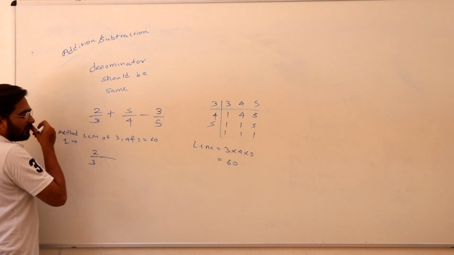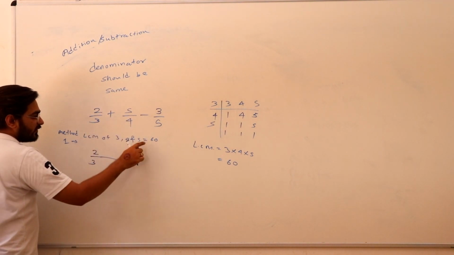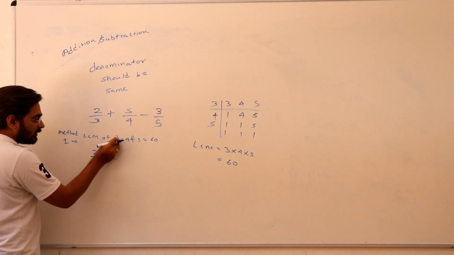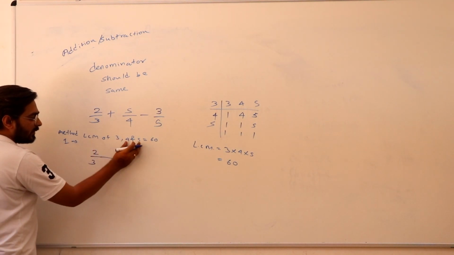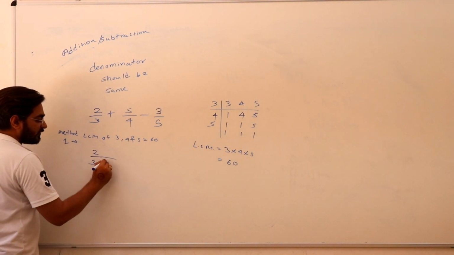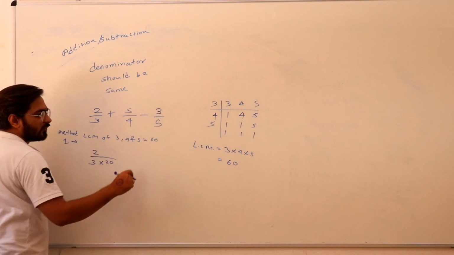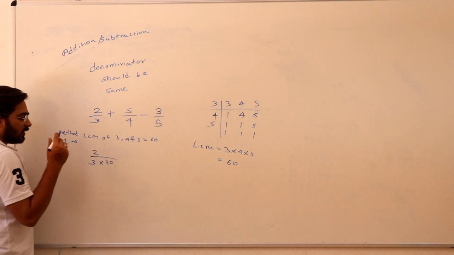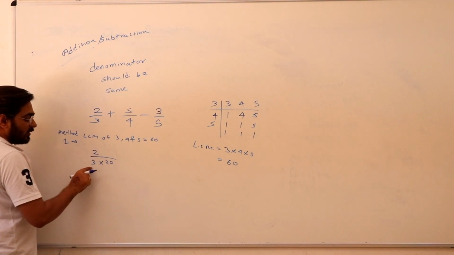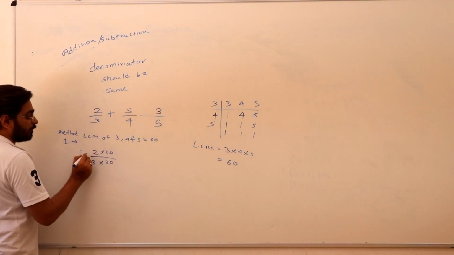There is a little trick: 60 is the multiplication of 3 into 4 into 5. So 3 is already there, the remaining numbers are 4 and 5. Multiplication of 4 and 5 is 20, so that will be 60. You don't need to do rough work separately, you can solve it in your mind. If I multiply the denominator by 20, I have to multiply the numerator by 20 also.